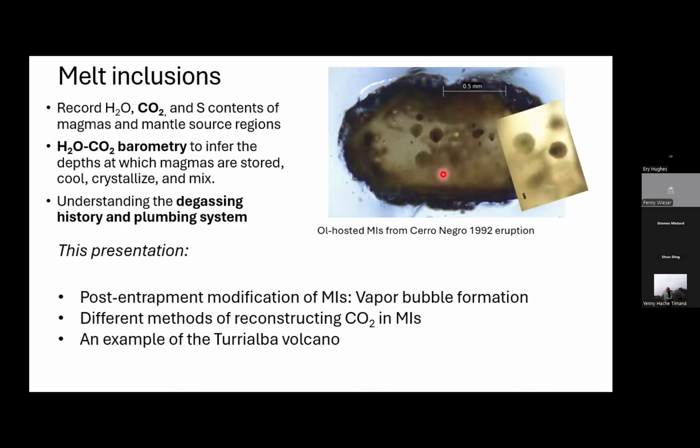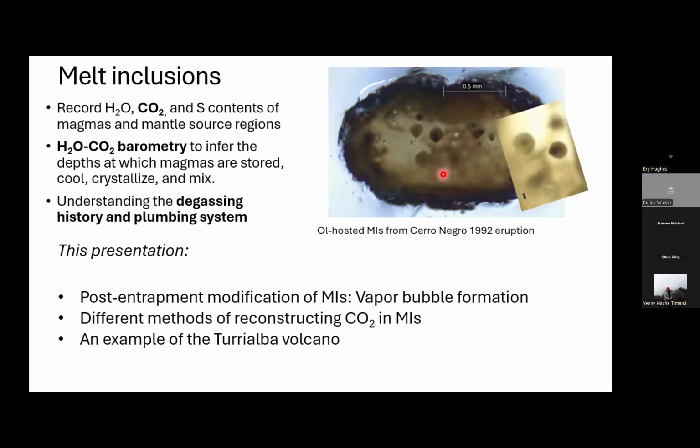Because water and CO2 solubility are very sensitive to pressure, melt inclusions are also used to infer the entrapment pressure and where the magma was stored, cooled, crystallized, or even mixing. They are also used to reveal the degassing history of the magma. But all these wonderful applications rely on whether melt inclusions faithfully preserve the volatile contents of the magma. Unfortunately, this is not necessarily the case.